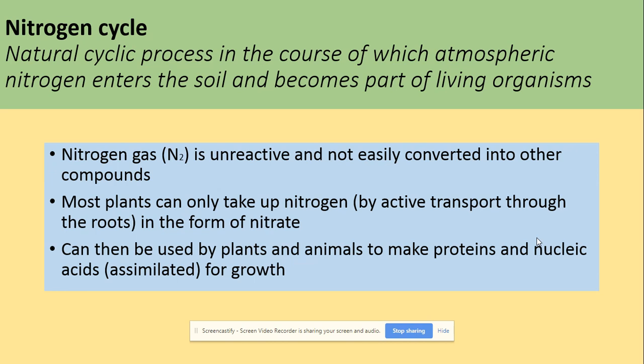So most of the plants will take up the form of the nitrogen by active transport through the roots in the form of nitrates. And this can be then used by plants and animals to make, for example, protein and nucleic acids for growth. So this is your linking bit in case you would like to use it, for example, for the essay topic.